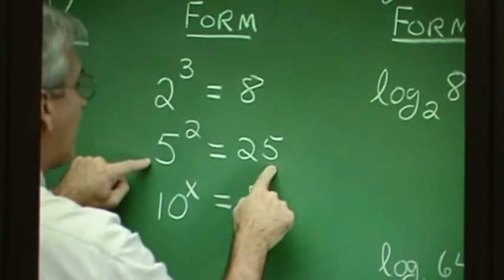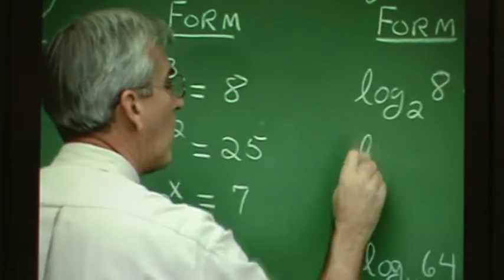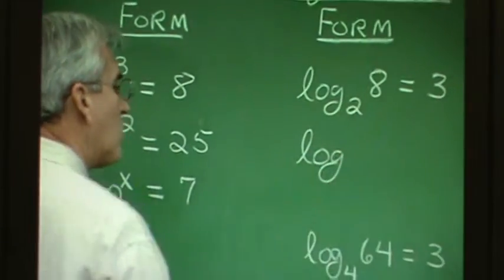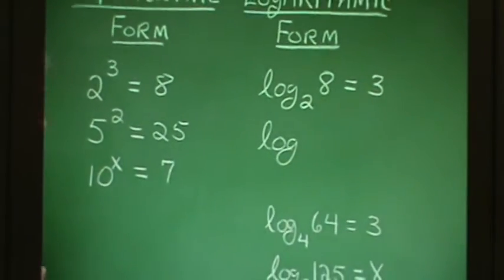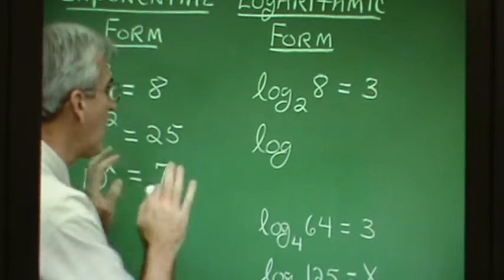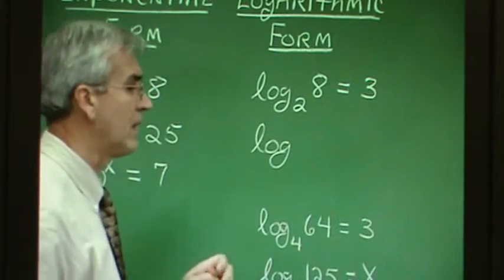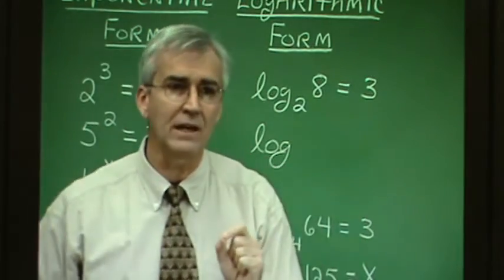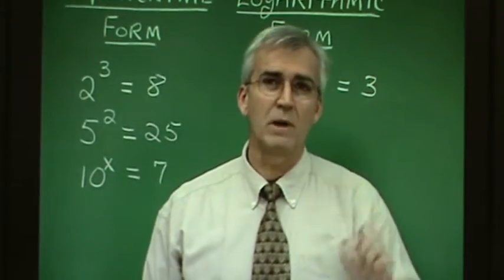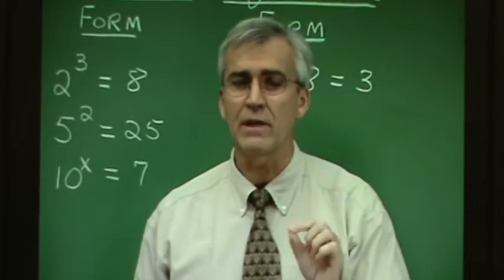5 squared is 25. So we write log. Now, the way you will go from exponential form to logarithmic form at first will probably be a way that is based on memorization. And you will probably think about it like this.